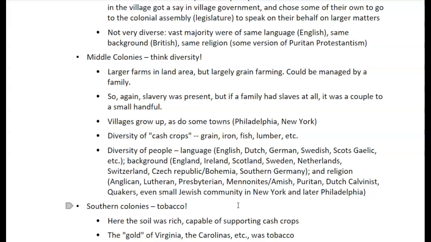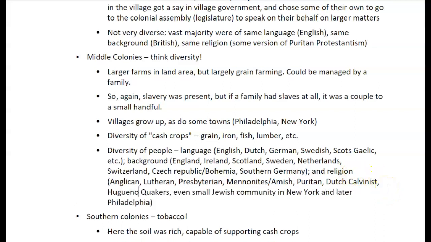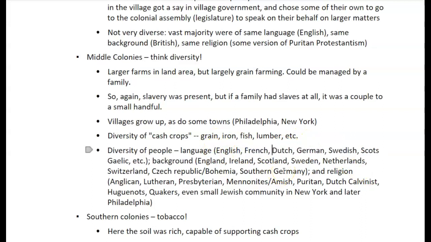So the Amish are really Swiss, German-speaking Swiss that settle in Pennsylvania. Dutch Calvinists, we have the Dutch here on Staten Island. French, I should put that in there too. The Huguenots. Left that out. Therefore French, right?